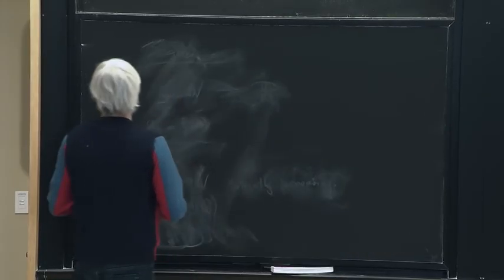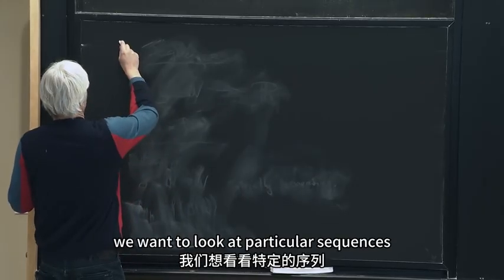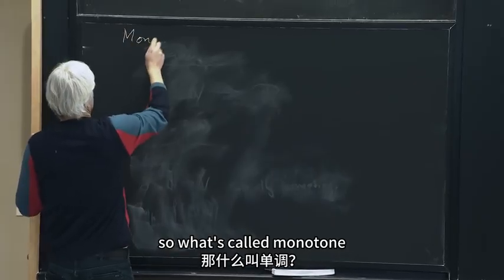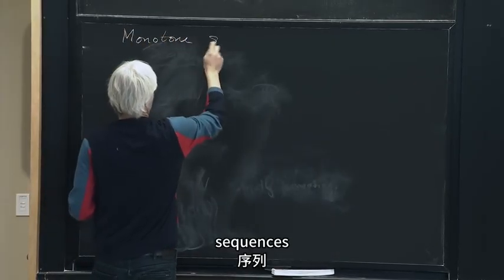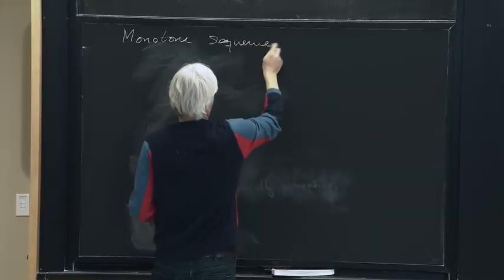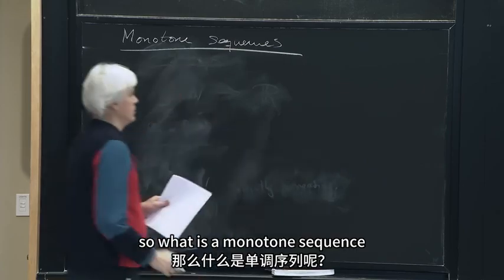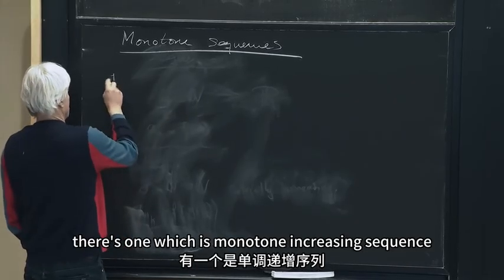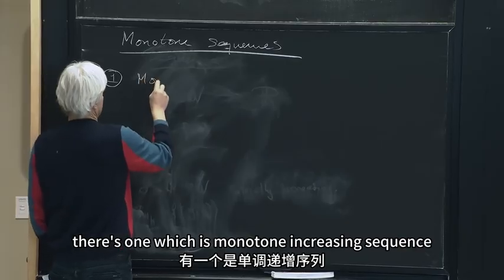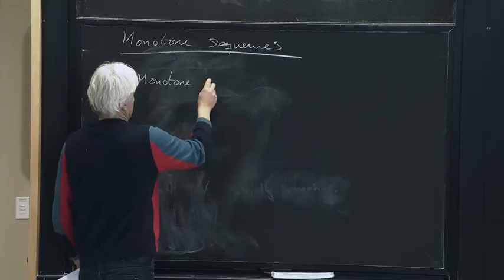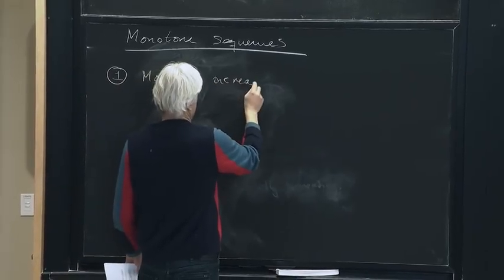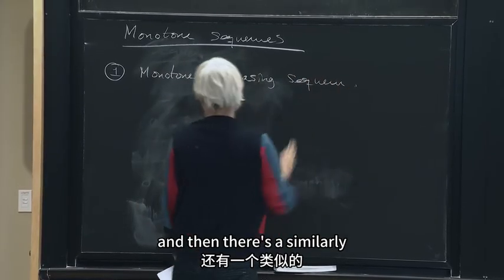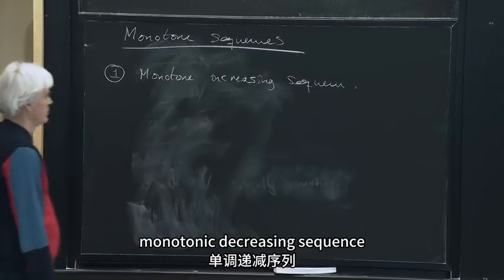To make this more precise, we want to look at particular sequences, what's called monotone sequences. So what is a monotone sequence? There are 2 types: monotone increasing sequences and similarly monotone decreasing sequences.